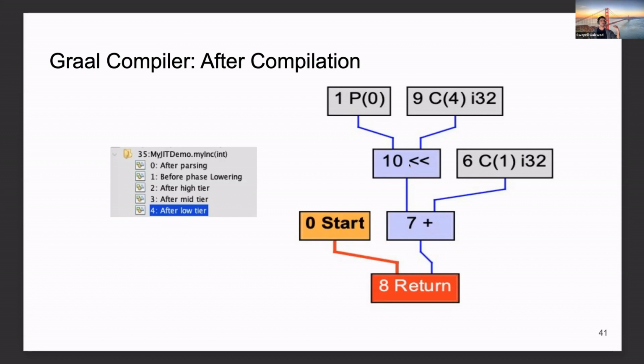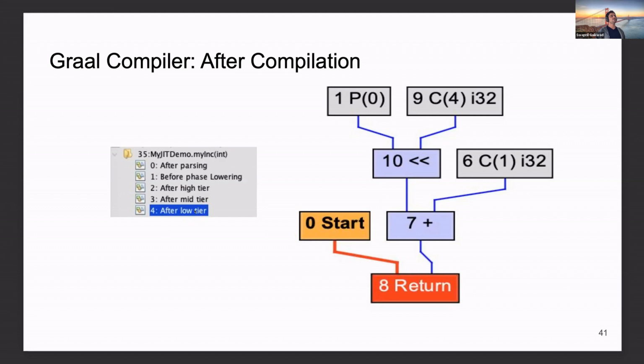And you can go through all these different optimizations and see how the graph looked like. So here you can see we have this high tier, after high tier, after mid tier, after low tier. So all these platform agnostic optimizations that Graal does before generating the code are divided into 3 categories: high tier, mid tier, and low tier.